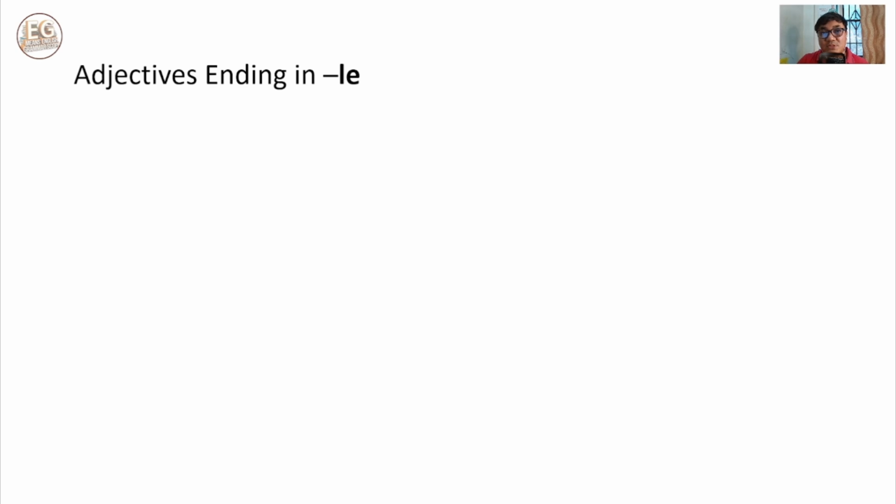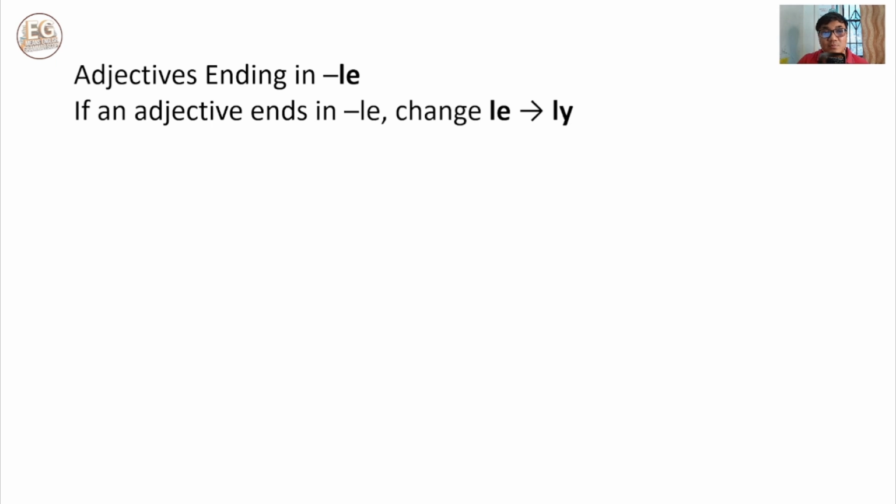So what about adjectives ending in le? Yes, what is the rule? If an adjective ends in le, then change the le to ly. So it's as simple as that, like in possible. The last letters are le, so it becomes ly. L remains and the e becomes y.